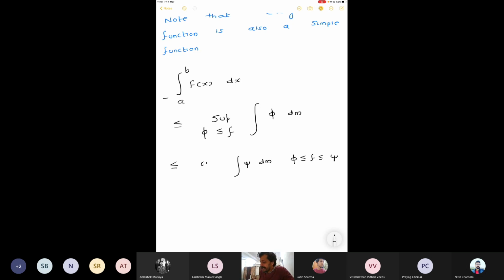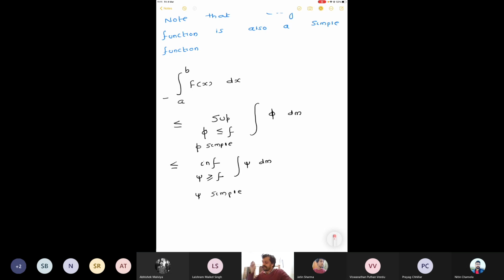Hence it is true for the infimum of all psi greater than or equal to f, psi simple. Here phi is simple. Is that okay? Yes, sir.